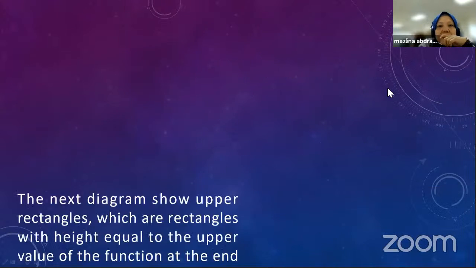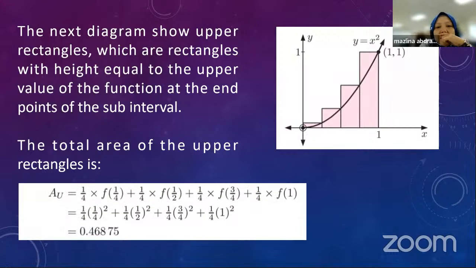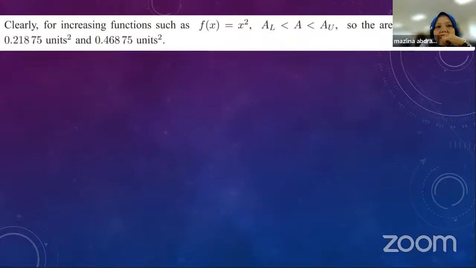Okay. This is the upper part just now, and this is the extra part. So that is the total area. So from here class, we can see that for increasing functions such as x squared, the quadratic function, the exact area is actually between the area of the lower part of the rectangle just now and the upper part.